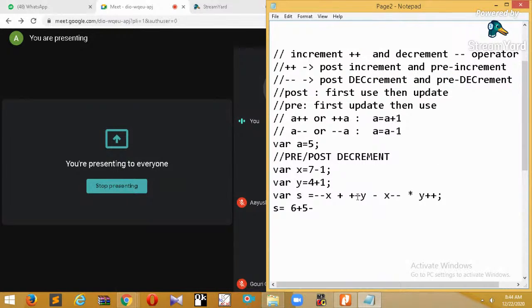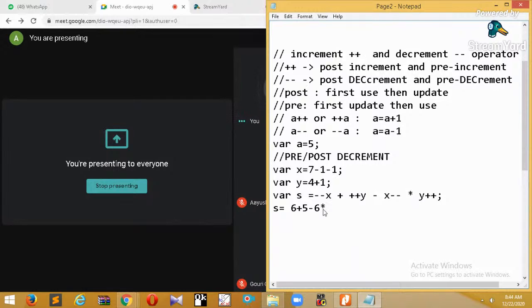You have to first use the last value of x. So what was the last value of x? You will not consider 7. You will consider the last updated value of 7, that is 7 minus 1, 6. So here you will insert 6, and after that you will further subtract 1 from the 6, and after that the arithmetic multiply symbol is there.